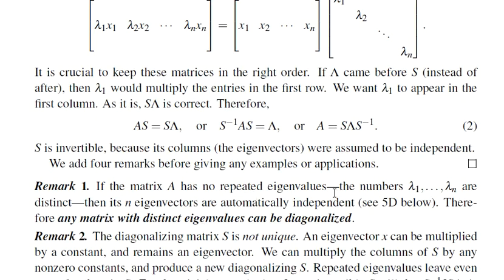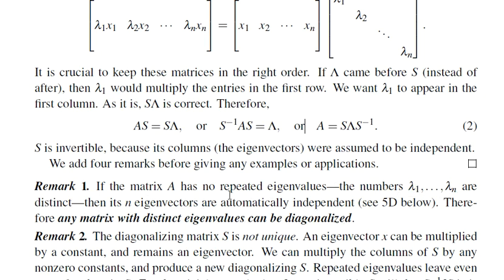Here some things we need to know. A few remarks. If matrix A has no repeated eigenvalues, meaning lambda 1 and lambda 2 are different, then it will have different eigenvectors, n eigenvectors automatically, and it can be diagonalized.